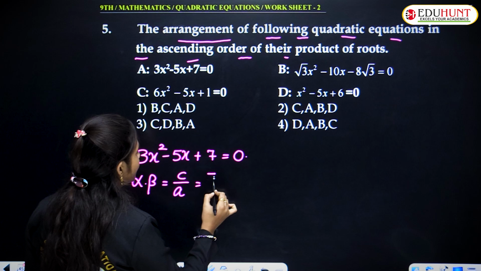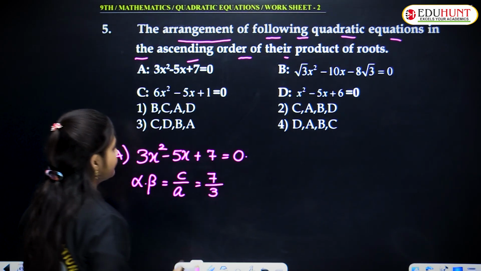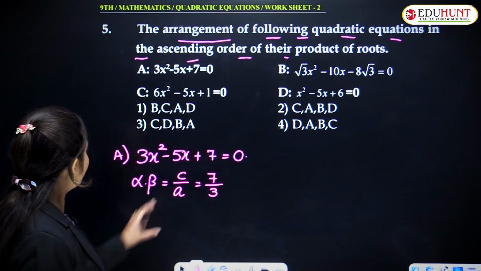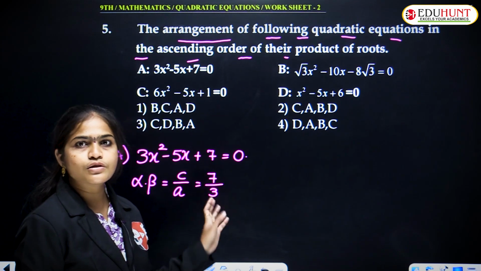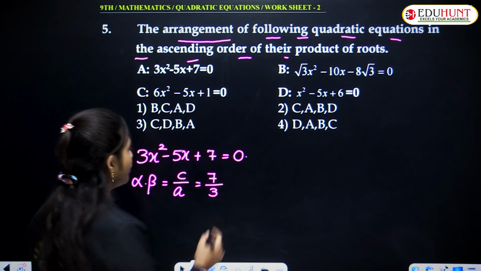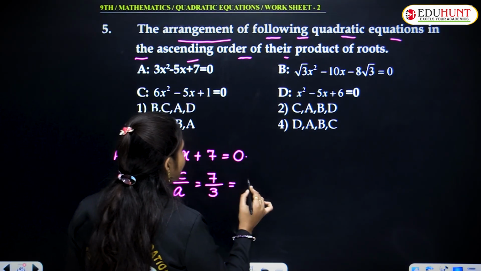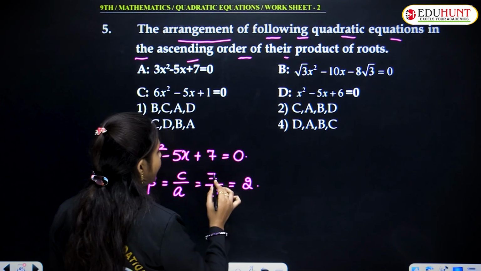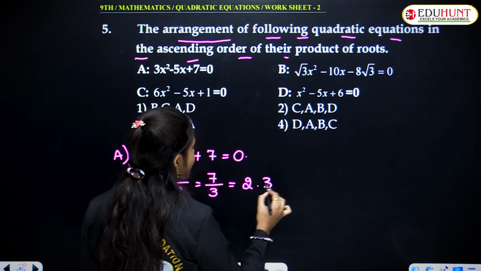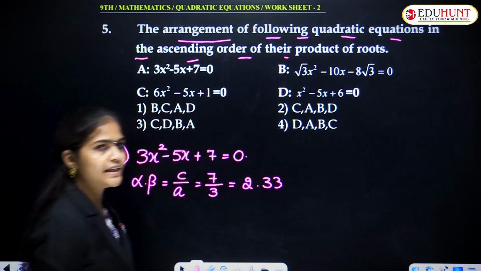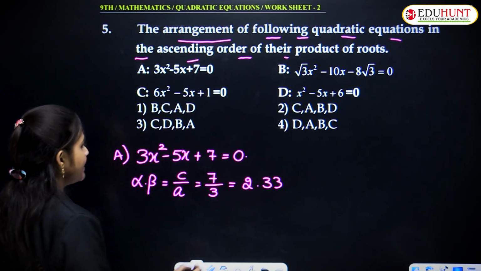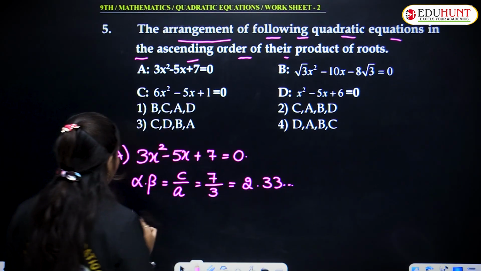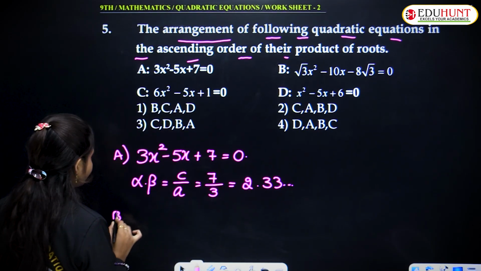So here it is 7 by 3. So we got the fraction form, right? Just convert into decimal form, which is equal to 2.33, and so on we will get. So leave that. Next, the second one.